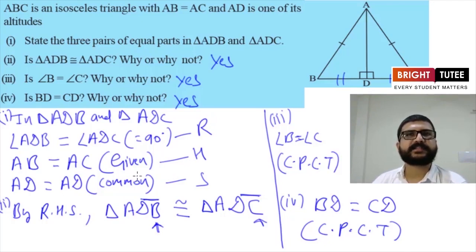And we have seen many questions based on the right angle hypotenuse side criteria, that is the RHS congruency criteria. R stands for right angle, H stands for hypotenuse, and S stands for side. So that's all for this session.